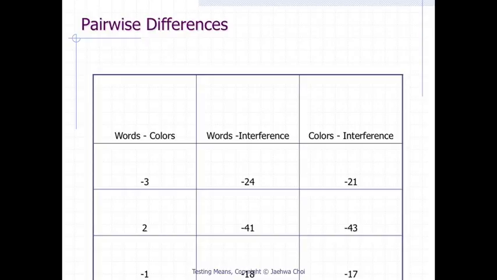In order to compute all pairwise comparisons, first, the difference in response time for each pair of conditions for each subject is calculated. The table shows these scores for 5 of the 47 subjects.